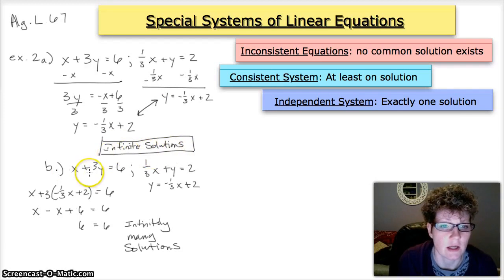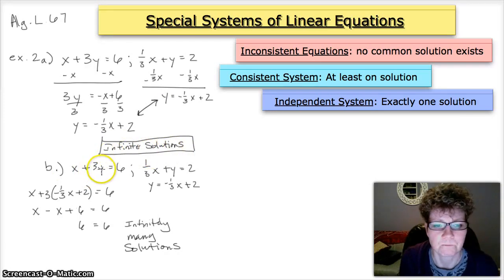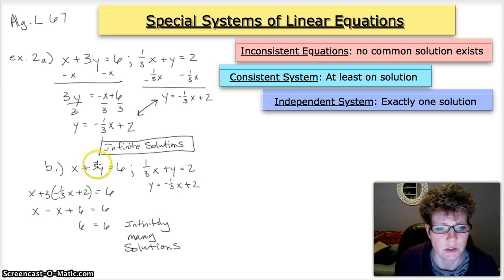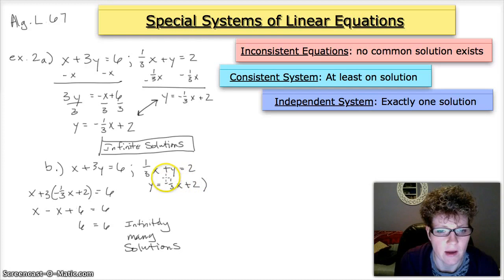Let's take a look at it if we solved it a different way though. I use substitution here. So I have both of the equations that I did above. I'm going to put this one into slope-intercept form so that I can substitute negative 1/3 x plus 2 for y in the first equation. So that's what I'm going to do. x plus 3 times negative 1/3 x plus 2 equals 6.